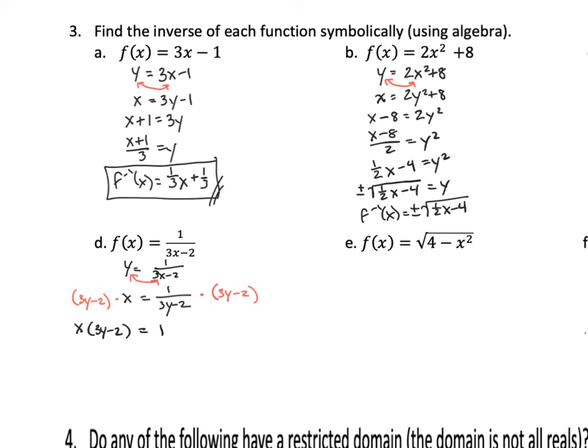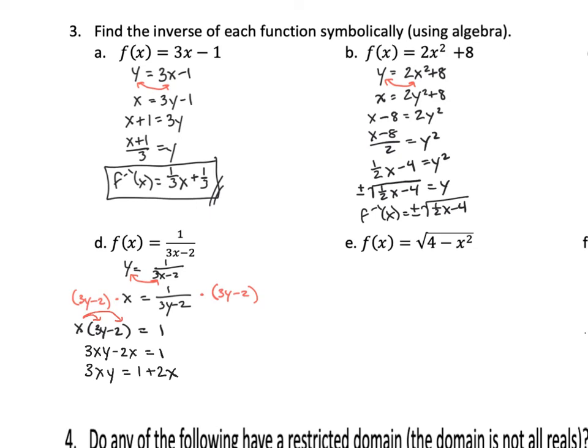I think I'm actually going to distribute the x in this case, so that we have 3xy minus 2x is equal to 1. From here, I'm going to add 2x to both sides. So we have 1 plus 2x.